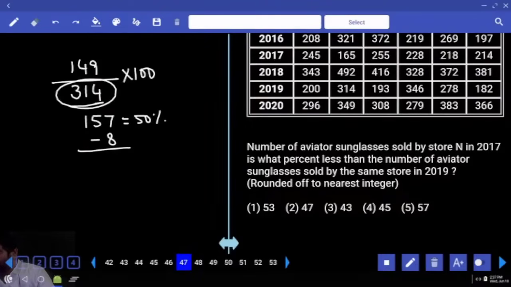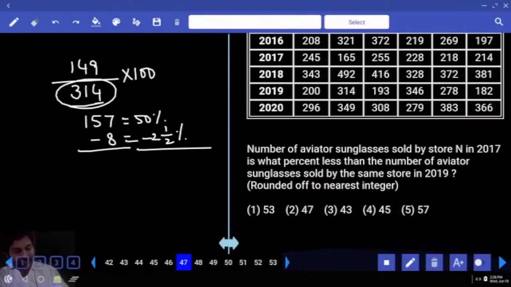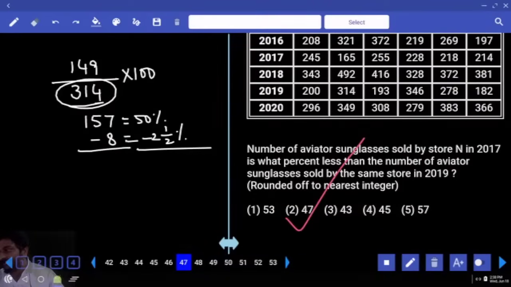Approximate 3. 2%. Need to subtract more than that? 3%. Need to subtract less than that? So this will be between 2 and 3%. I'll treat it as 2.5%. Do you have any problem? If we subtract 2.5% from 50, answer should be close to 47.5%. Nearest answer 47.